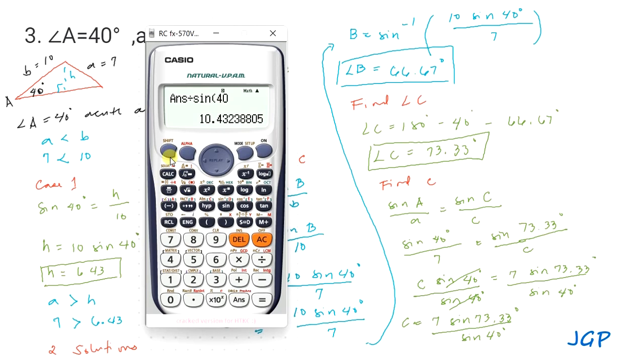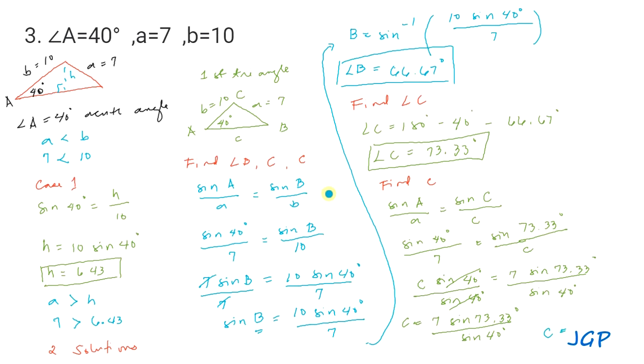So we have now 10.43. So, you have now the value of your first triangle. You have now completed the first triangle.